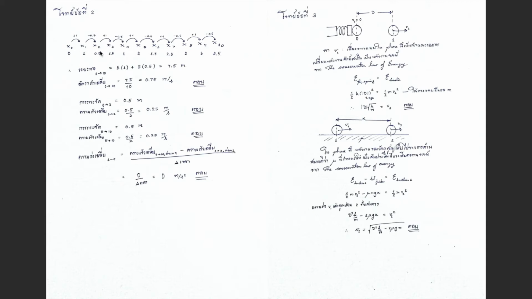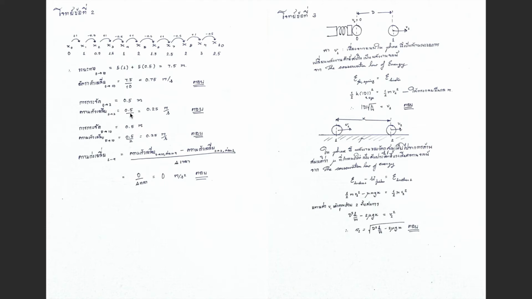And the average speed is very easy, just the distance over time. 10 minus 0 is 10, so we got 0.75 meters per second. And the displacement from 0 to 2 seconds is 0.5, from 0 to 2.5.